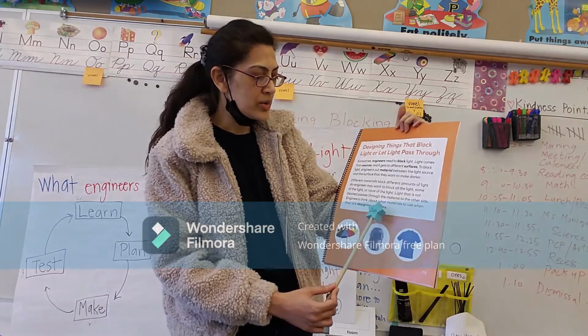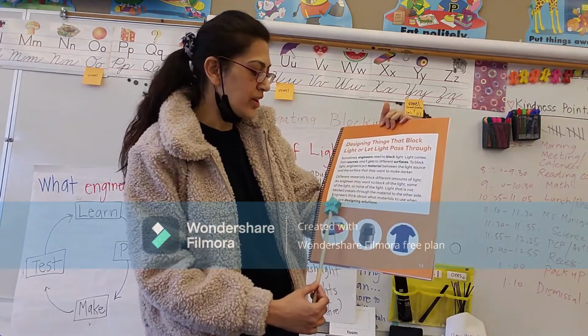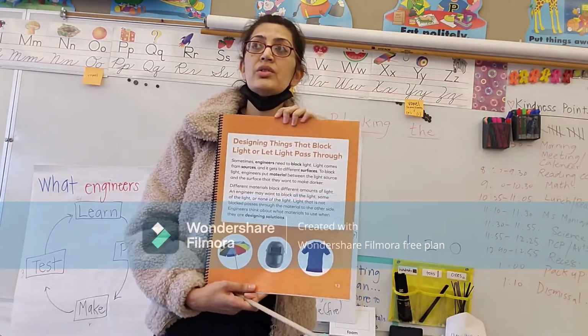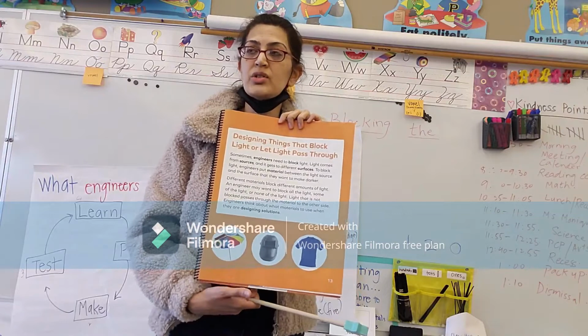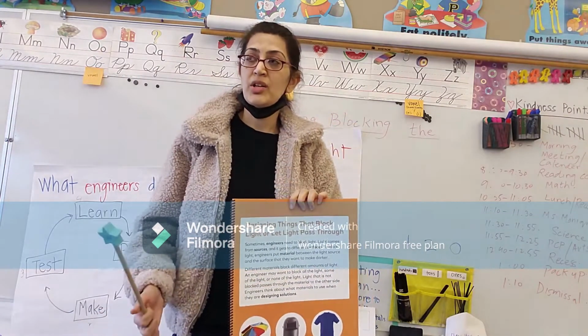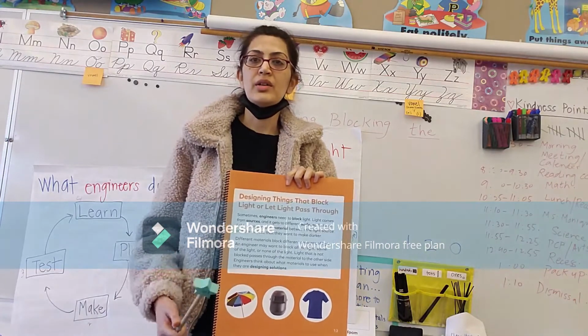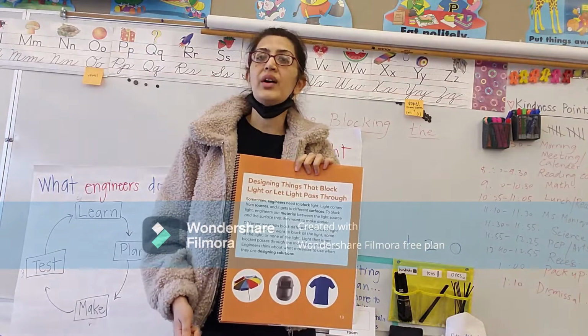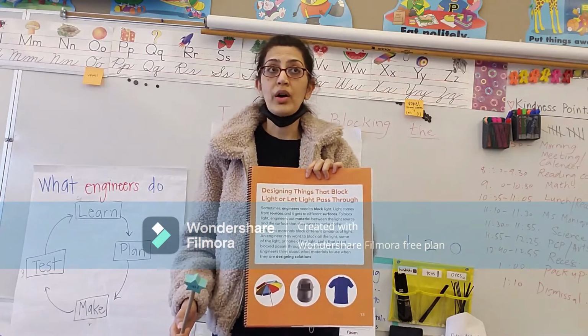Engineers think about what materials to use when they are designing solutions. Engineers design bridges, buildings, houses, and different things, and they use different kinds of materials for blocking the light.